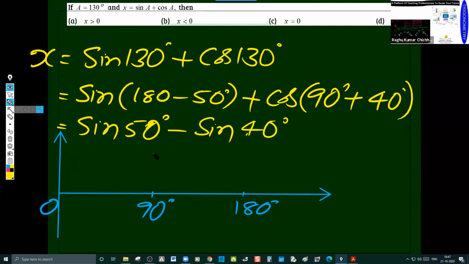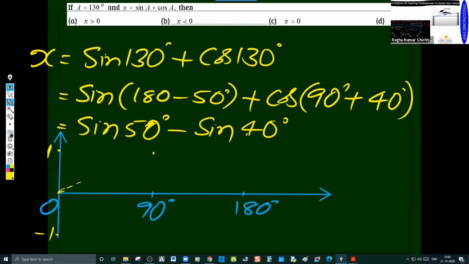Now, if you see the graph of sine, at 90, it will have maximum value, 1. And minimum value is minus 1. So if you draw the graph of sine, it will be like this. I'm a poor artist.